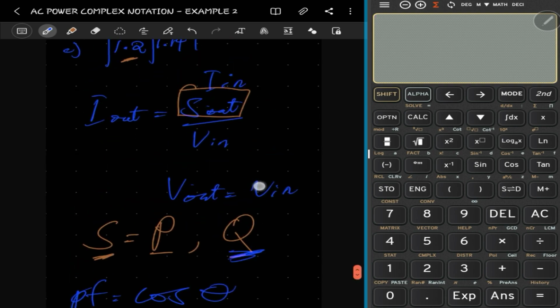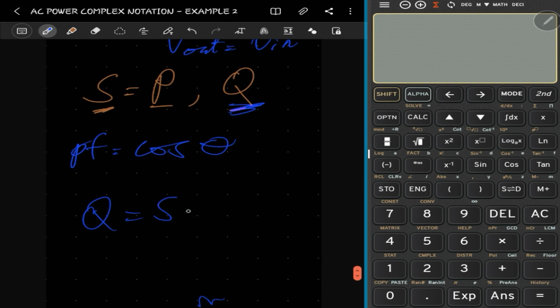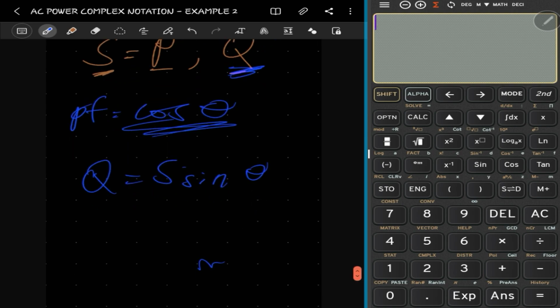And to find the Q, we know Q is equal to S, which is the apparent power, times sine theta. But here's the case, we have cos theta. We don't know the sine. But there's a relation we can use. It's very common, where cos theta squared plus sine theta squared is equal to 1, right?